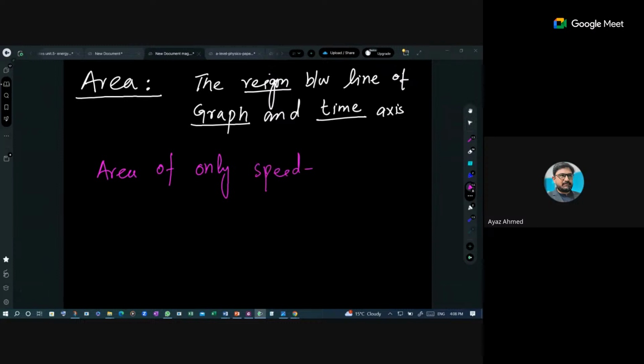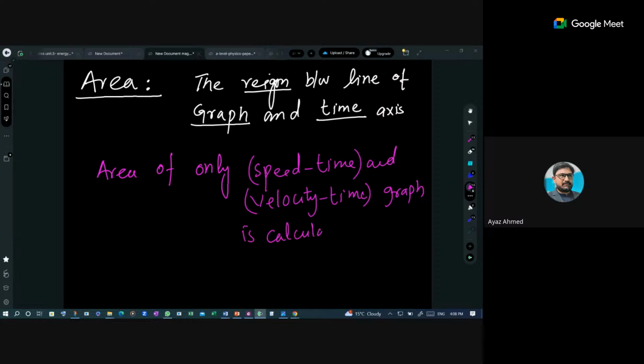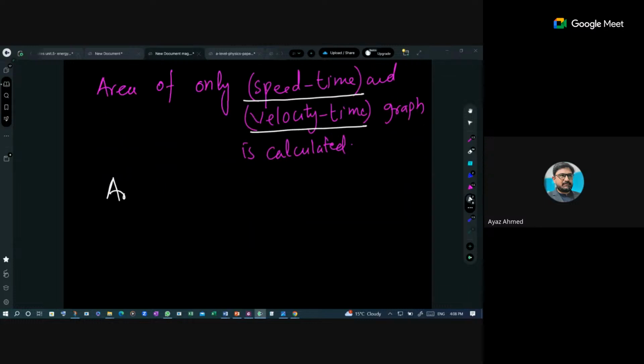Only speed time and velocity time graphs are calculated. So I am going to refine all those things for you, so you have no need to worry about others. Speed time and velocity time would give you area, right? So the area of a speed time graph gives us the distance covered by the body.